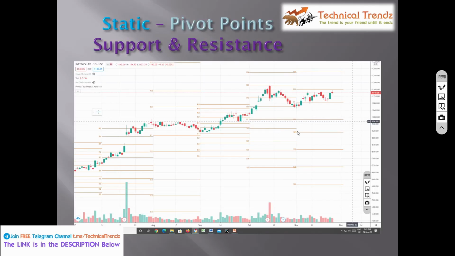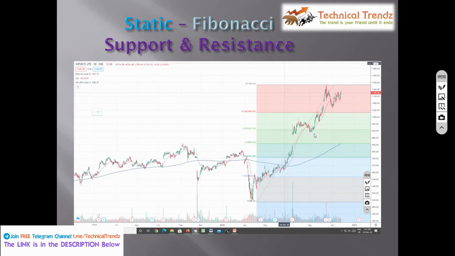Another one is pivot points. You are all familiar with pivot points. The pivot mid one is the absolute support and resistance area, R1 and R2 will act as resistance, and S1 and S2 as support. And another one, Fibonacci. Fibonacci also everyone knows.